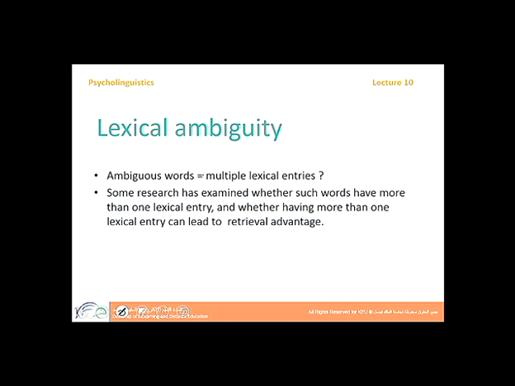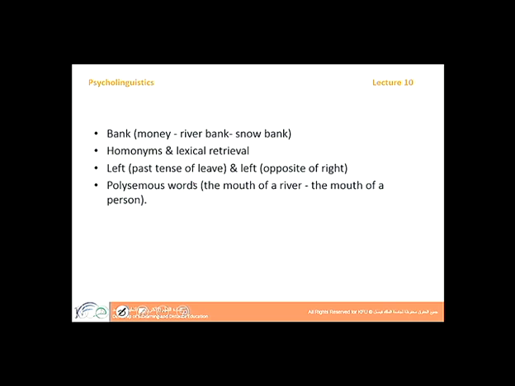All right, lexical ambiguity also plays an important role. Ambiguous means not clear. Ambiguous words. Let's take this example. The word bank has many meanings. It can be where you keep your money.